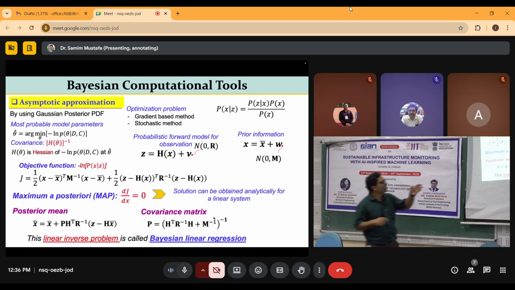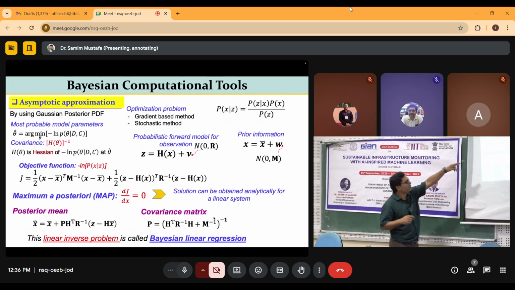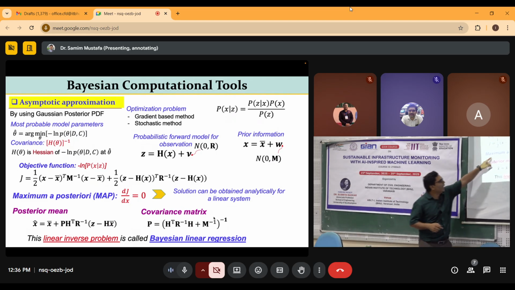Okay, so then this objective function is like this, which is theta minus theta bar, or x minus x bar here, and then this is the observation coming from the likelihood function, the difference between the observation and the model prediction Hx. So this can be minimized.